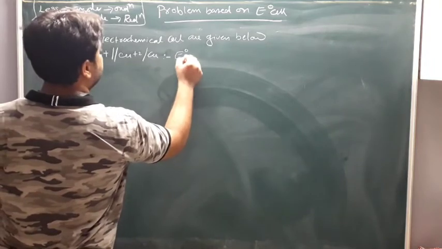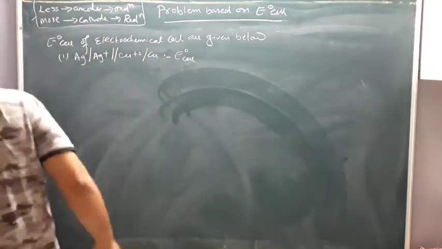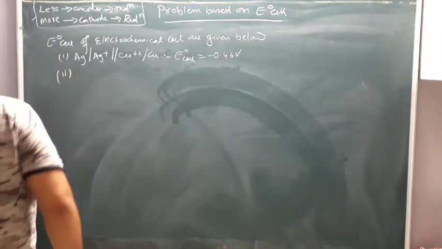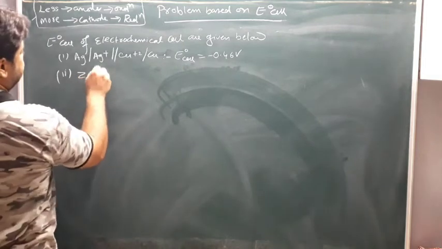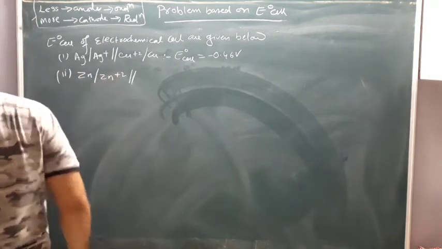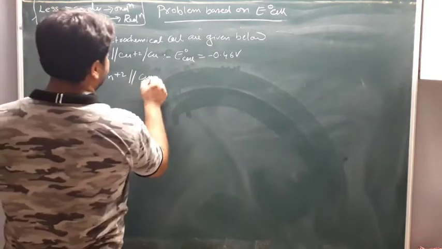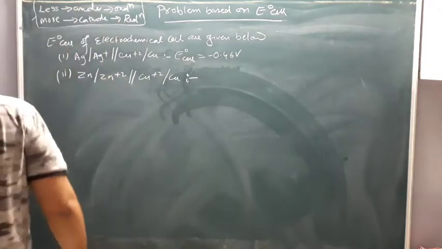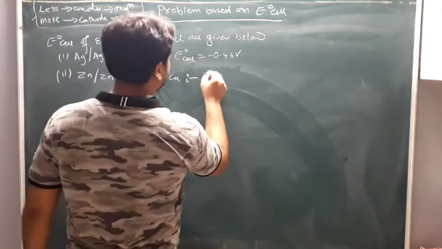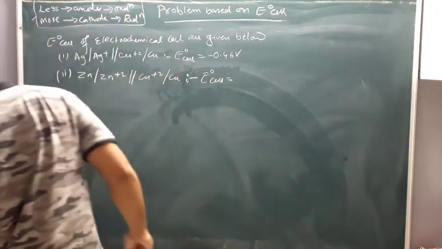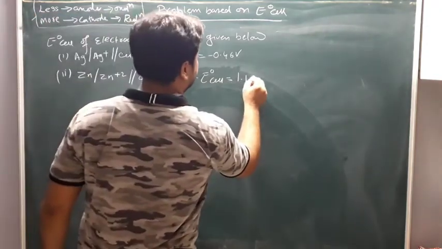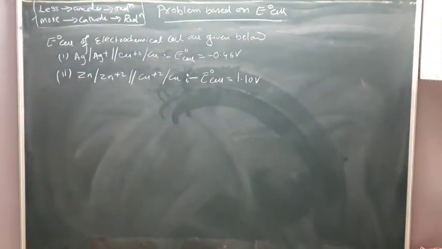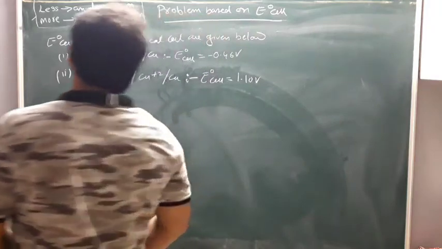For this cell, E0 cell they have given as minus 0.46 volt. Second they have given is Zn/Zn plus 2 salt bridge Cu plus 2/Cu. And for this they have given E0 cell as 1.10 volt. Clear?